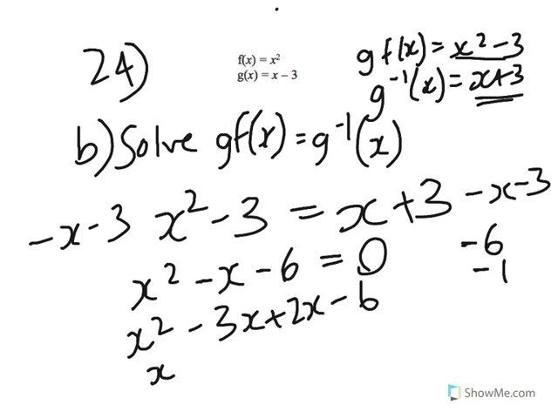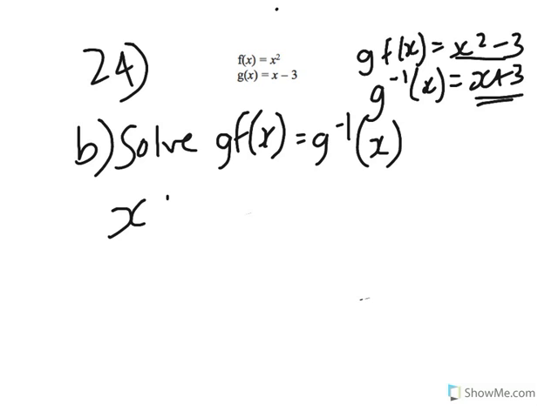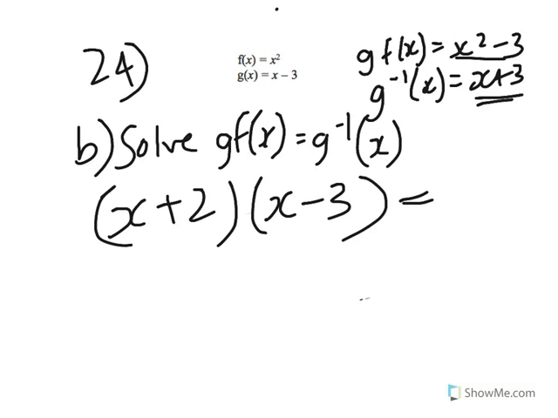So x is a factor, so x minus 3 and plus 2 is a factor, x minus 3. So it simplifies to x plus 2, x minus 3. So we got x plus 2 and x minus 3 is equal to 0, since if you look at the equation, it was equal to 0.